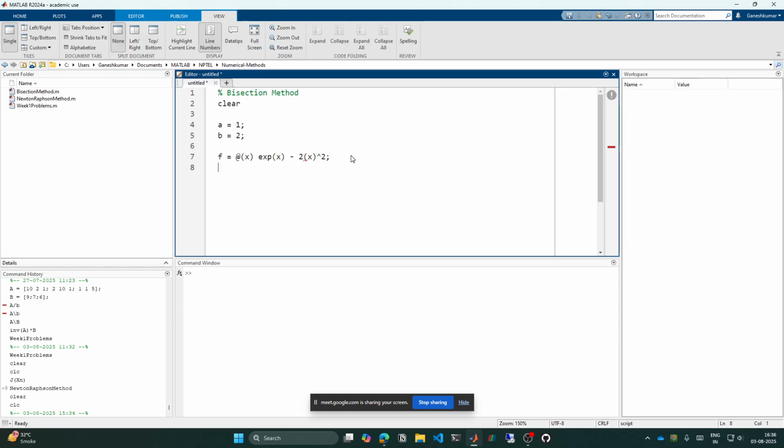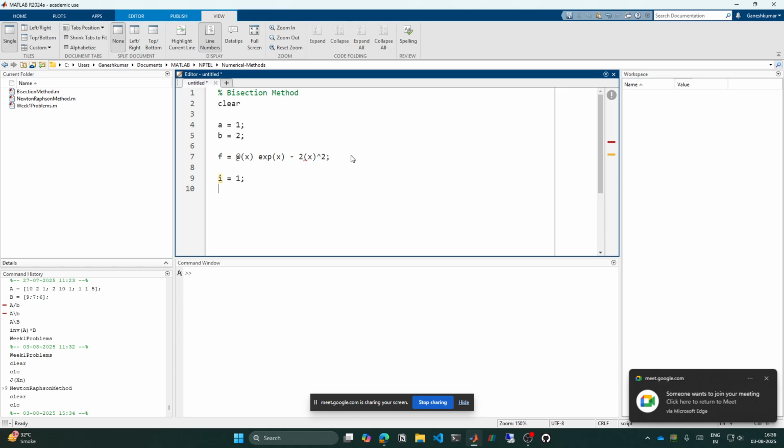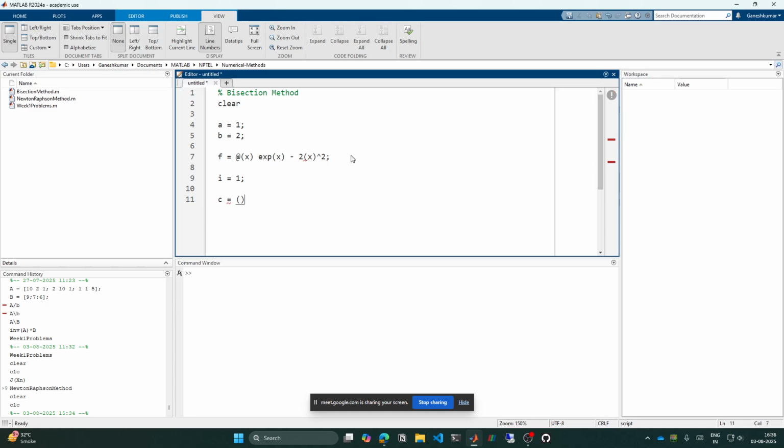Now the iteration is i. Initially, let's make it the first iteration. The first thing we want to do is find the midpoint: c is a plus b by 2. Once you find c, let's find the function f of c, and call it fc.